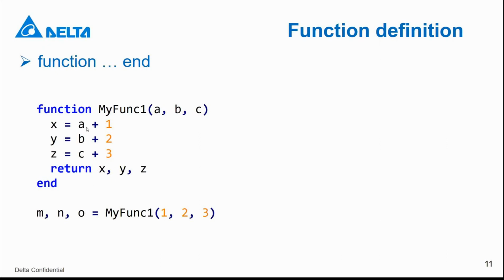Of course, it will add these 3 numbers with these 3 numbers and then return. Because we return 3 variables, on the left side of the equals sign, you can also use 3 variables to catch them. So X will go to M, Y will go to N, and then Z will go to O. So this is how to define and use the function.